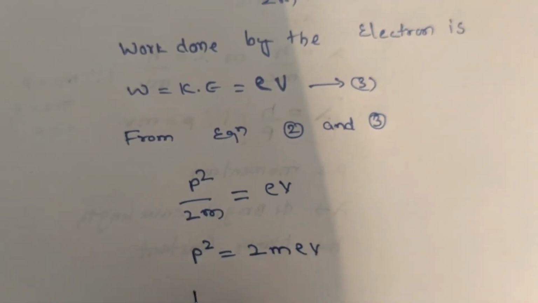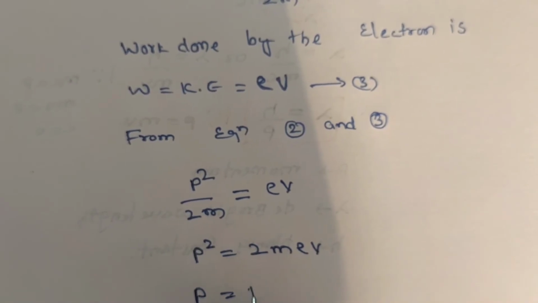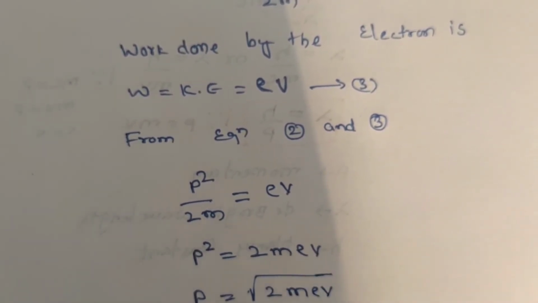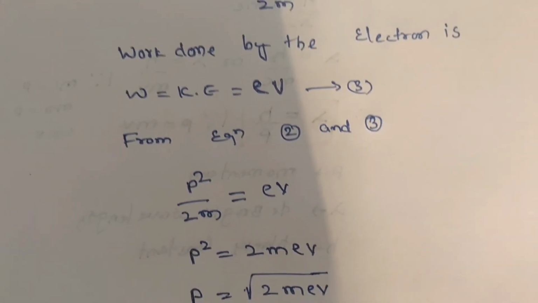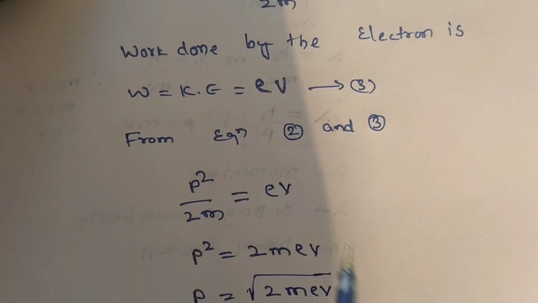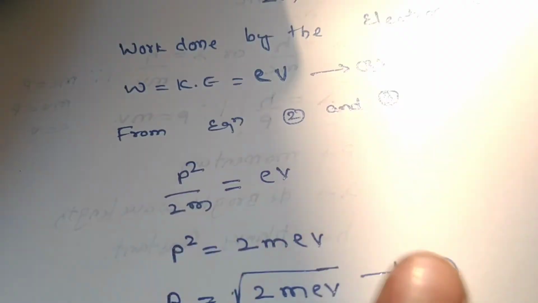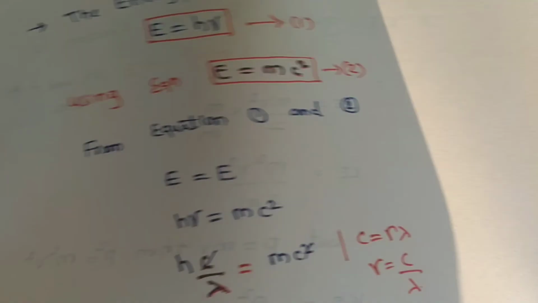Then p is equal to root of 2m eV. This is equation number 4.